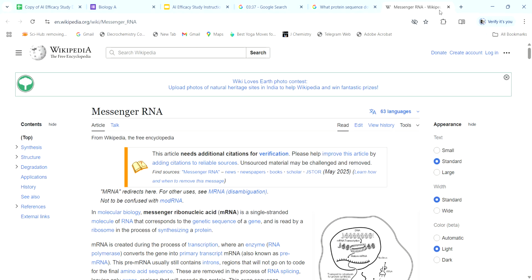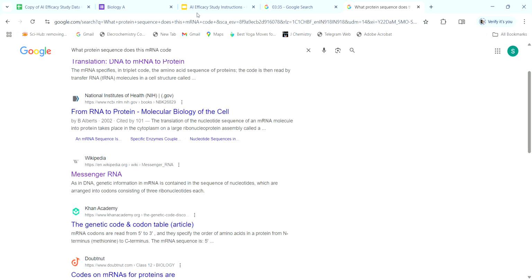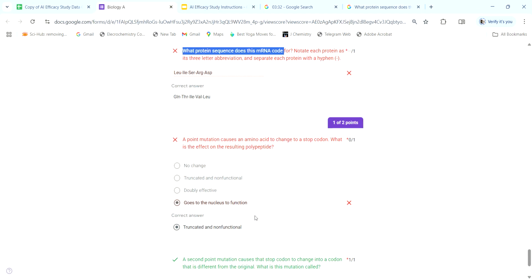So the next part is, what is truncated and non-functional? A point mutation causes an amino acid to change to a stop codon. What is the effect on the resulting polypeptide? That should be truncated and non-functional. What is truncated and non-functional?